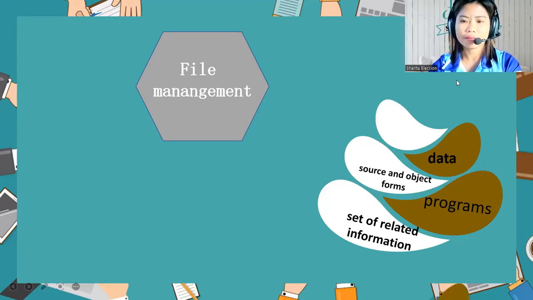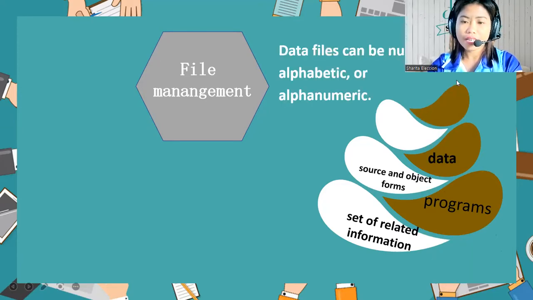Data files can be numeric, alphabetic, or alphanumeric, which is alphabet with numbers.